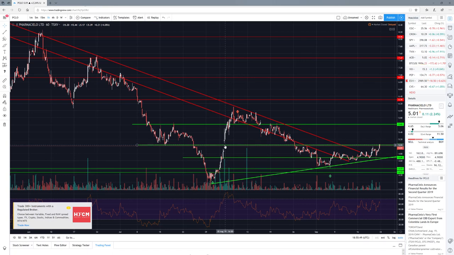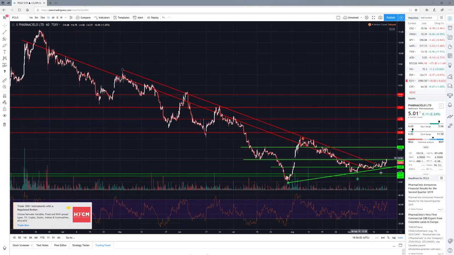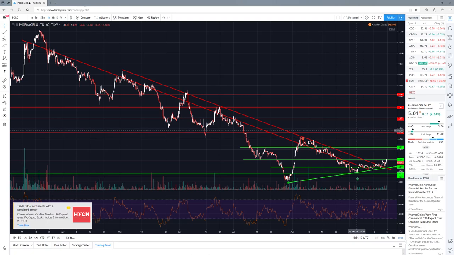I sold some. Can't remember. On this breakdown, I think it was. It was looking a lot like distribution. You see the RSI price divergences. It was hitting the downtrend line. So a lot of reasons to not want to be in this at this price. We just caught a 50% move. Take your profits always.